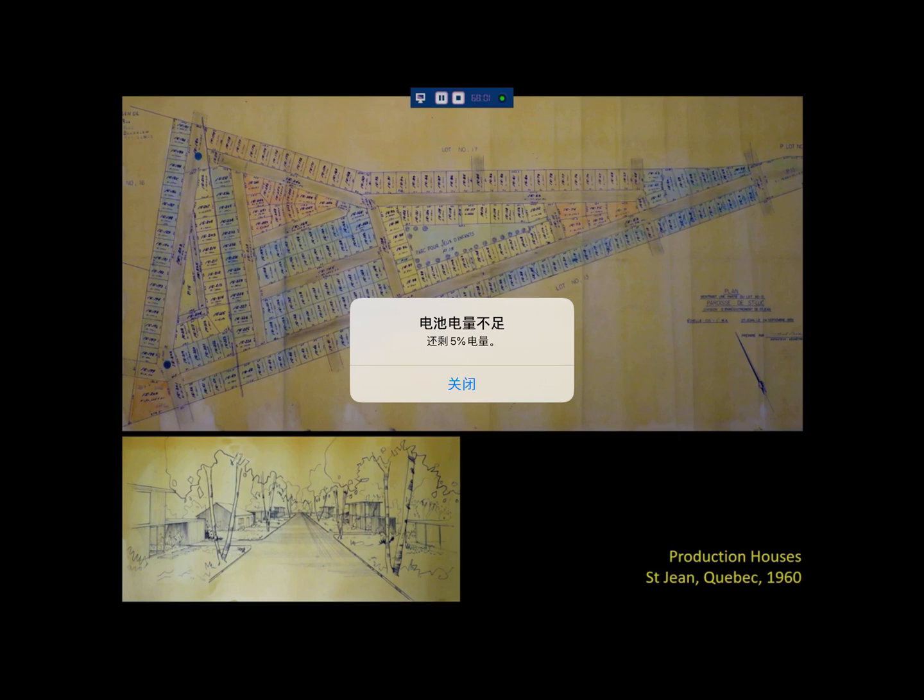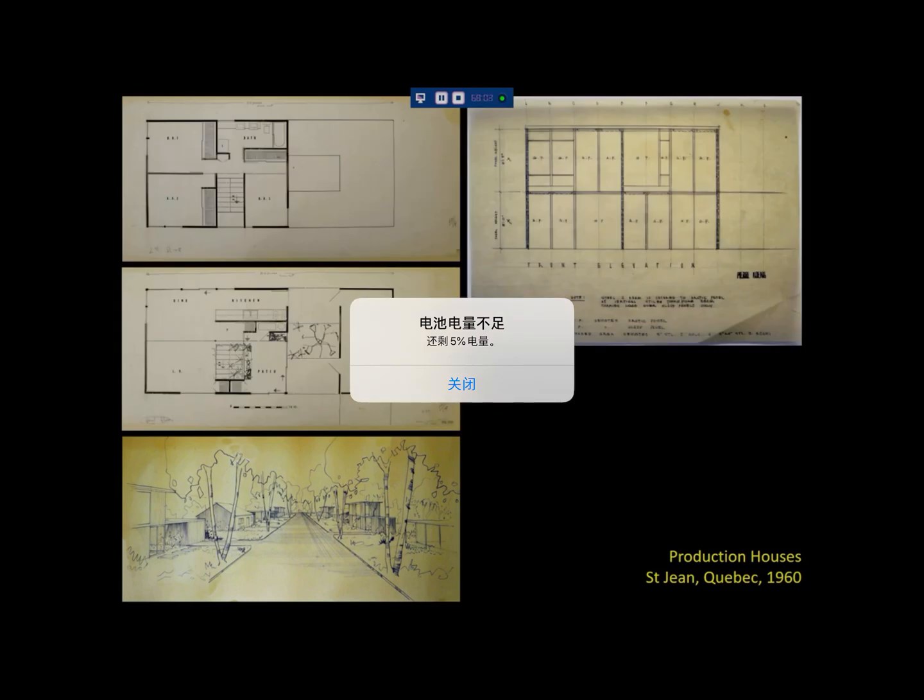The lower plan there shows the ground floor, the upper plan shows the upper floor. It's very straightforward, nothing particularly fancy about it. And then an elevation on the right showing again the use of panel construction. Whether it's glass or insulated panels, it's panel construction.